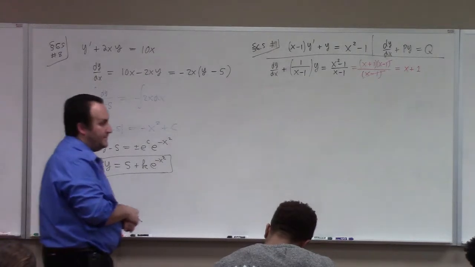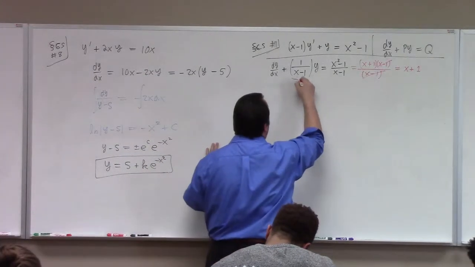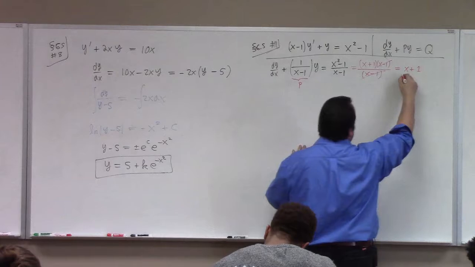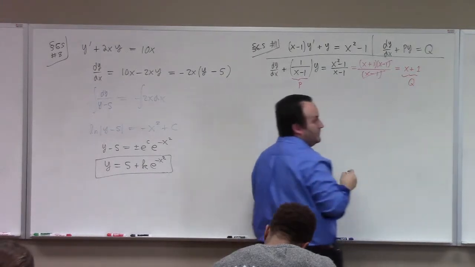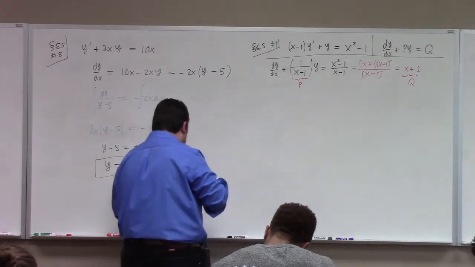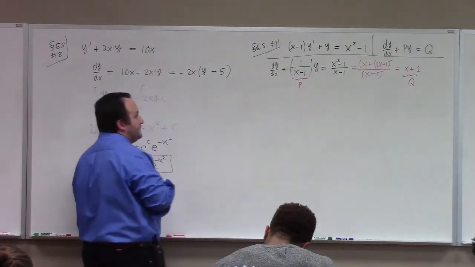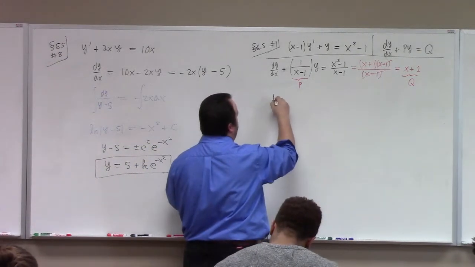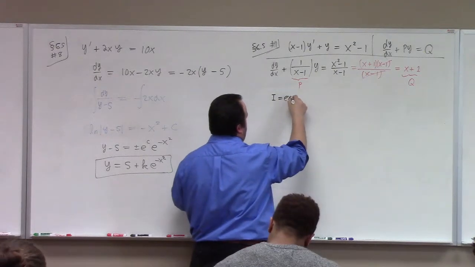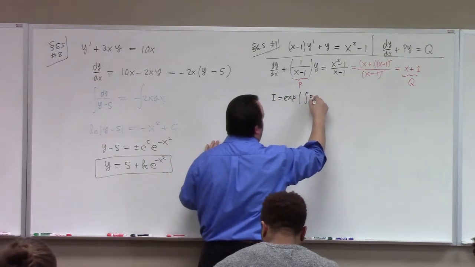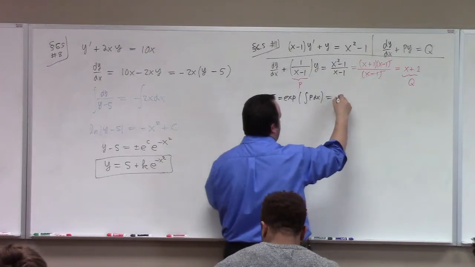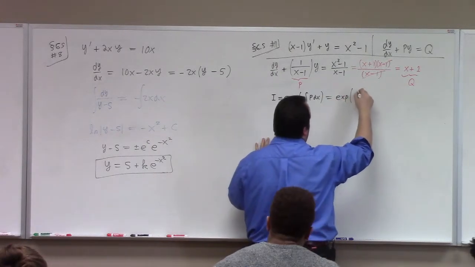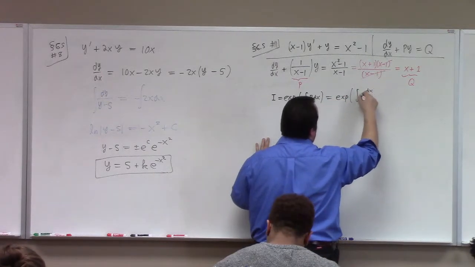All right, so what's this? This is p, right? And apparently q is just this. So now our next move is to calculate the integrating factor I. It's the exponential of the integral of p dx, which here is the exponential of the integral of dx over x minus 1.